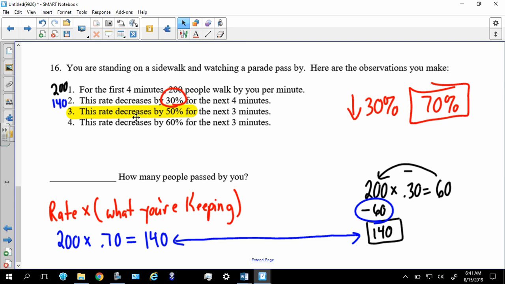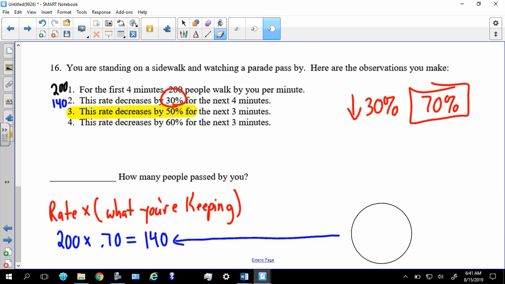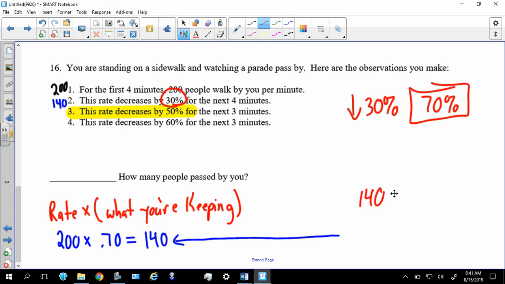You should already know what decreasing by 50% is, but let's say you didn't. The old way, you would say, my new rate is 140. I'm going to times that by 50%, I get 70, and then I subtract 70 from 140, that's 70. This is the old way.